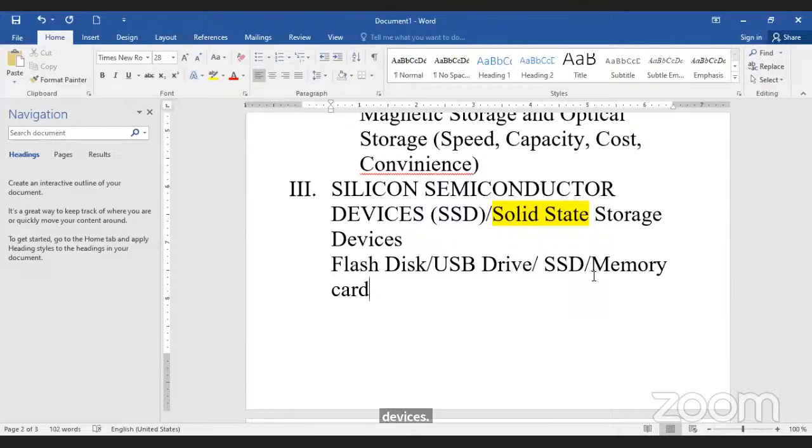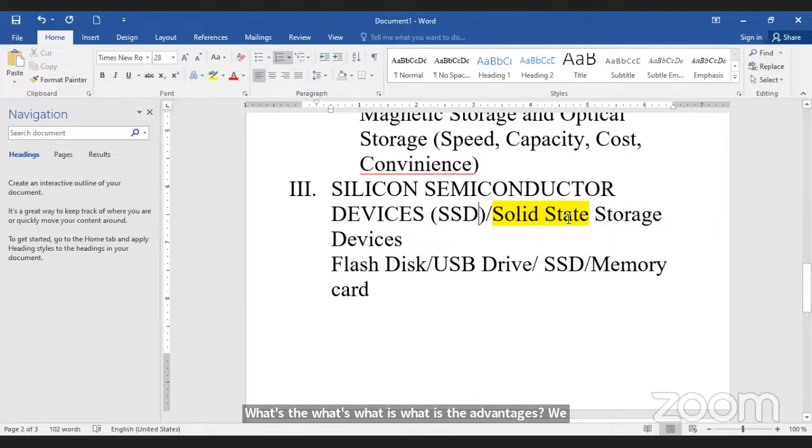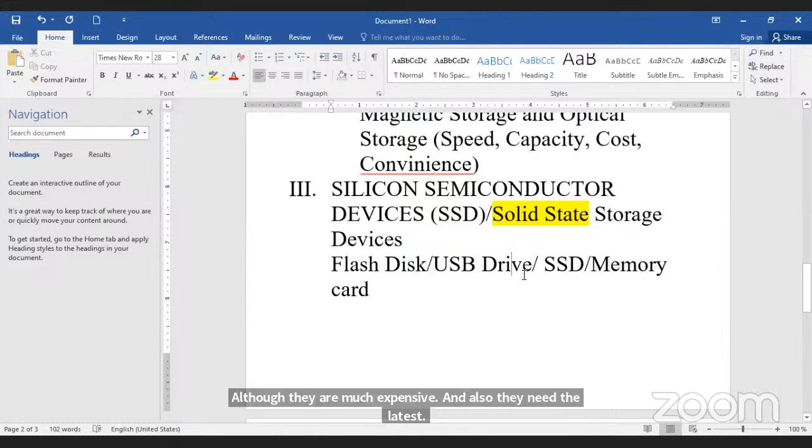And the advantages? We have realized that these are much faster when it comes to reading and writing data, although they are much more expensive, and they also need the latest technology.